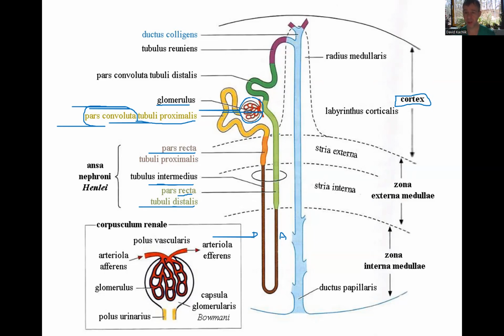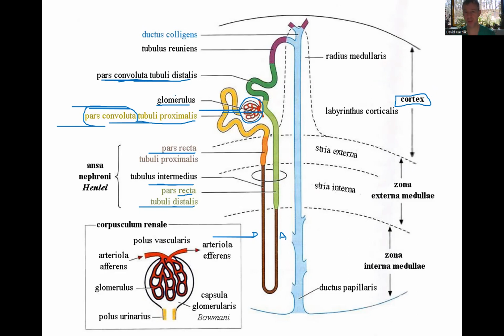And then it gets back into the cortex. So the cortex again contains a convoluted part of the distal tubule. So in the cortex we have the glomerulus, so the renal corpuscle, and the convoluted part of the proximal and distal tubule.